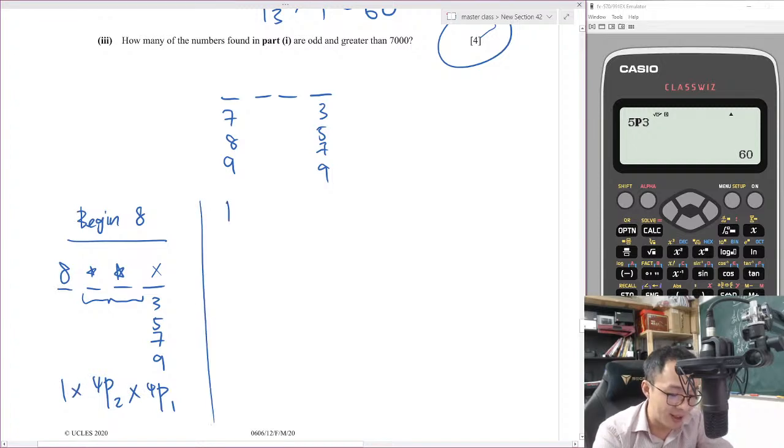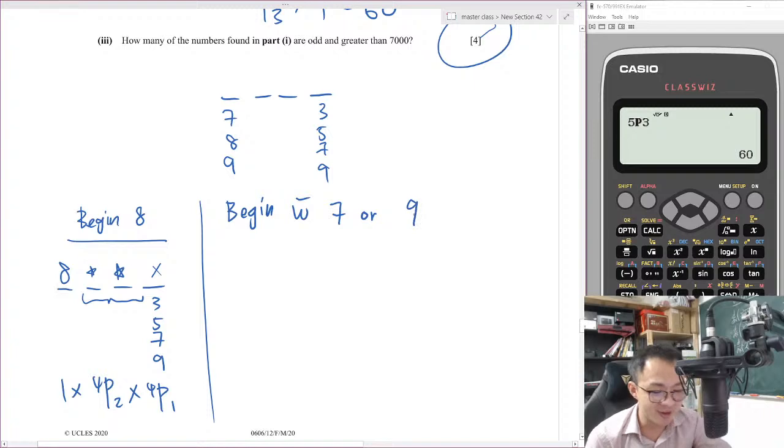Okay, and then I will begin with 7 or 9 because the examples are quite similar, so later you can multiply by 2. If I begin with 7, my last digit needs to skip the 7, right? I don't want to repeat the 7 because each number can only be used once. So here it will be 3, 5, and 9.